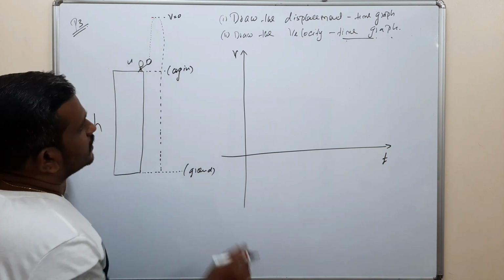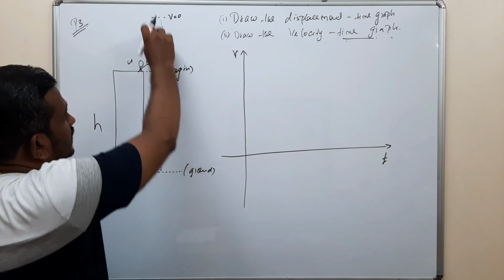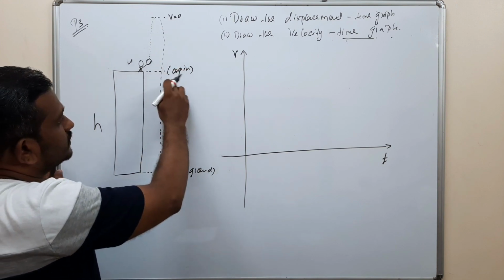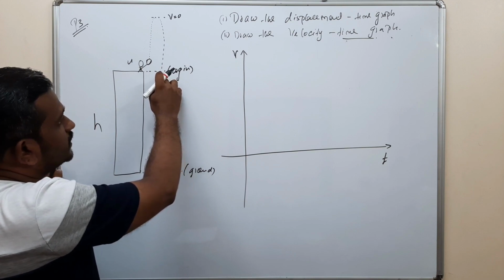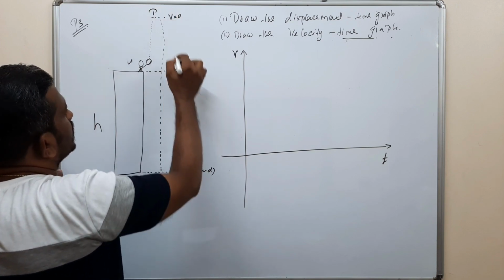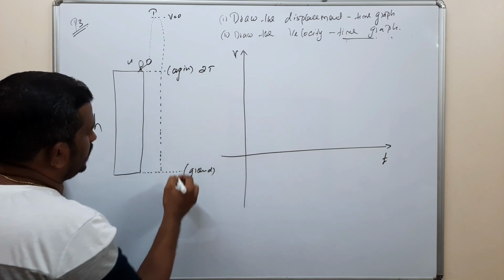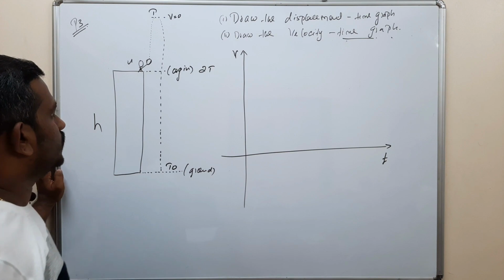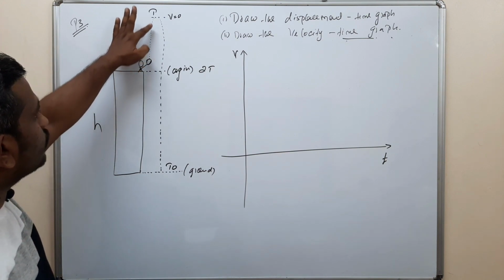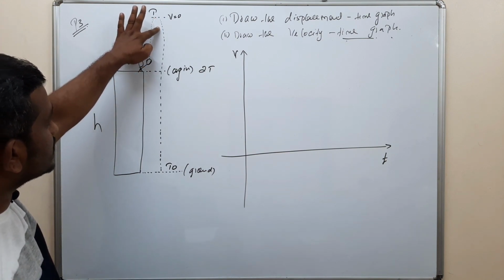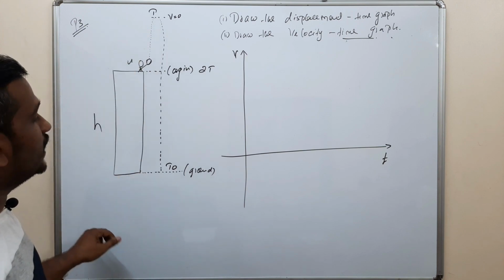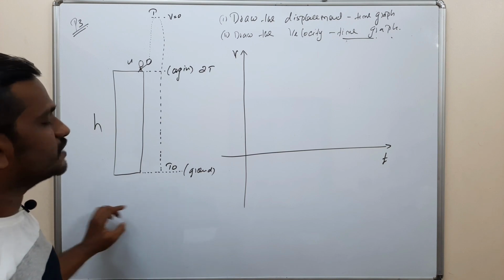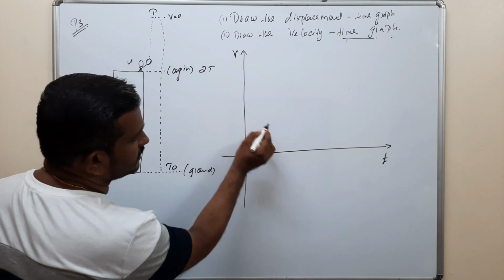When the ball comes down, it has negative velocity. This is the time t, this is the time 2t, and this is the time t0 when the ball reaches the ground. From this point the velocity increases in the negative direction, and at time t0 it reaches the ground. So the curve is like this.